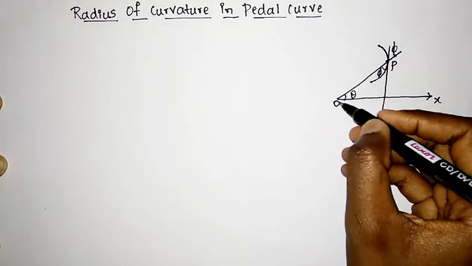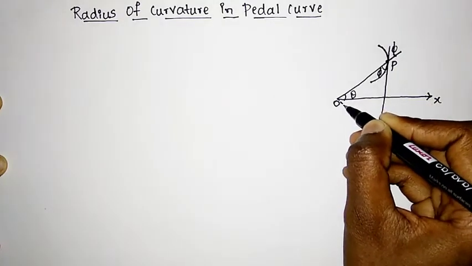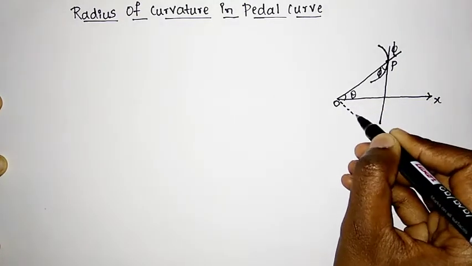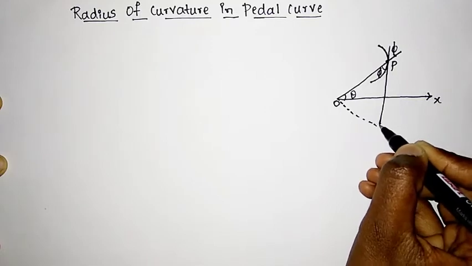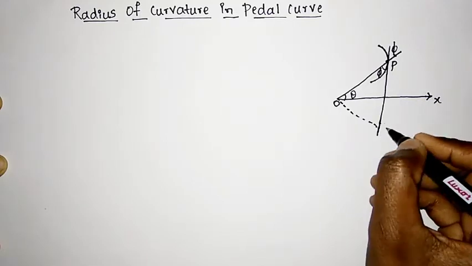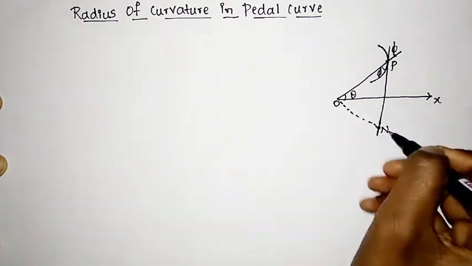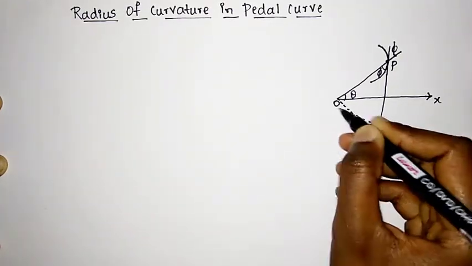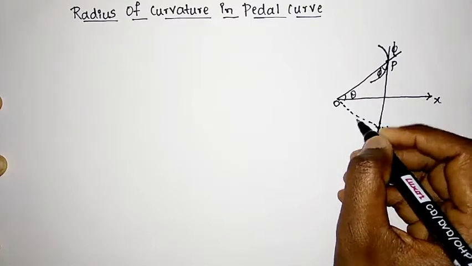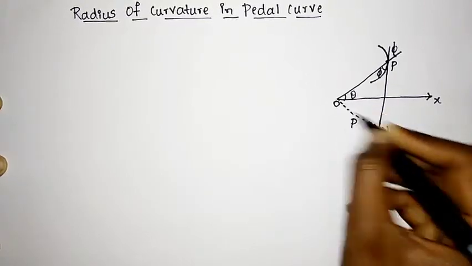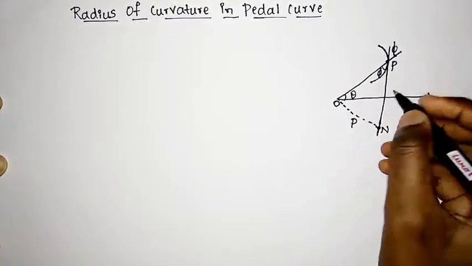And then we shall extend the line from the origin O to the point N. So let us take it as the point N, and the line made, that is ON, we can define as p.